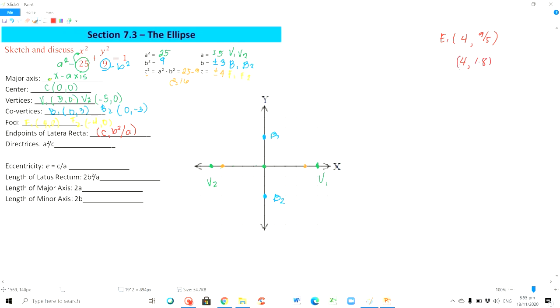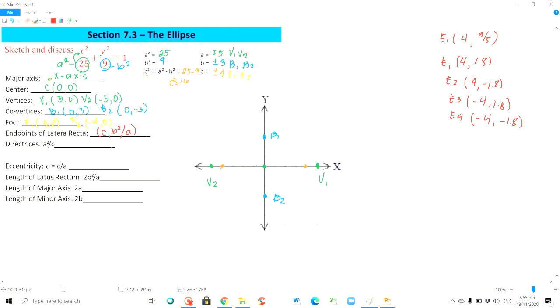Okay. So, this is for E1. What about E2? For E2, 4 and negative 1.8. E3 would be negative 4 and 1.8. E4 is negative 4 and negative 1.8. Okay, so hanapin natin yung mga points na yan.